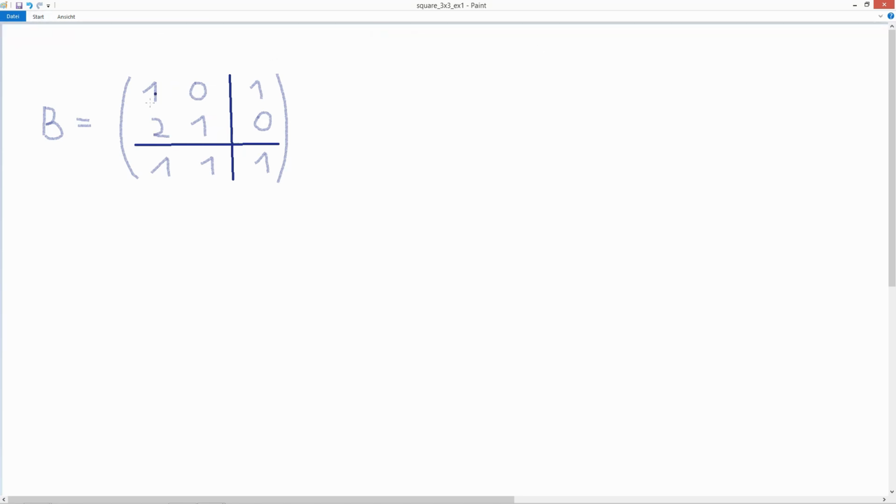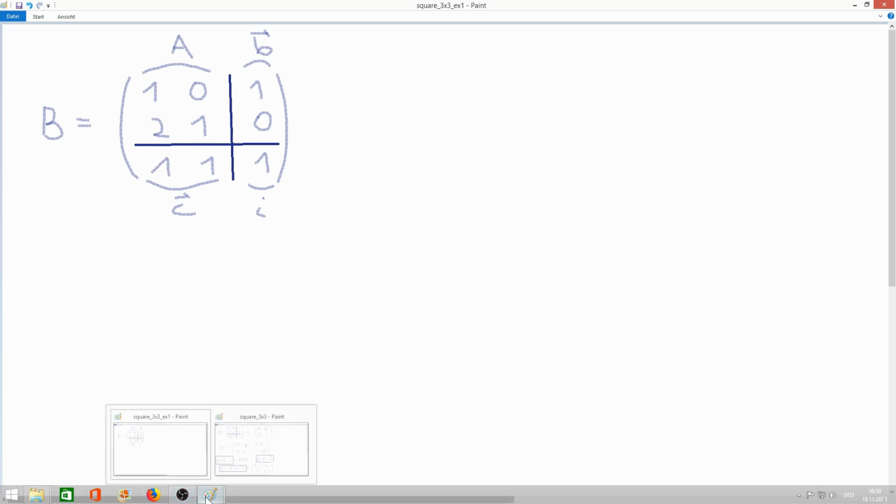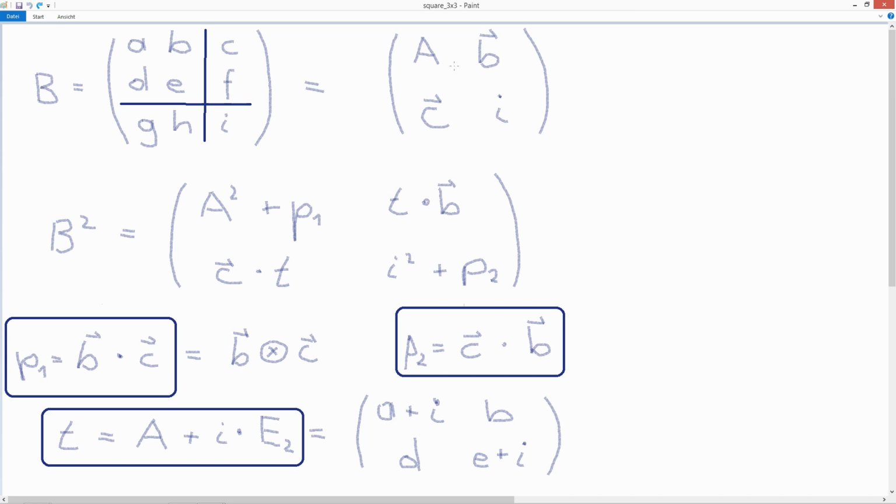Now, this here is the submatrix A. This here is the vector B. This here is the row vector C. And this here is the scalar I. Now we have arranged the matrix B in this way.